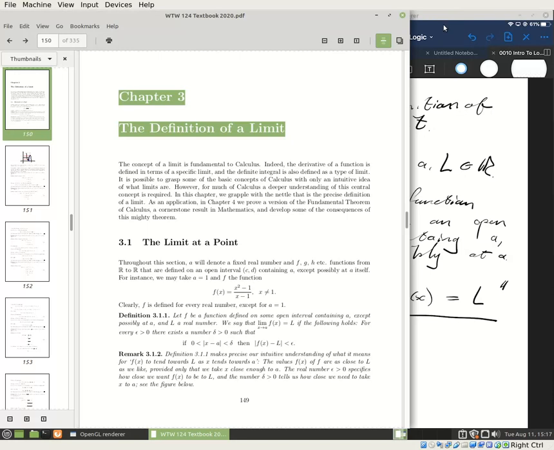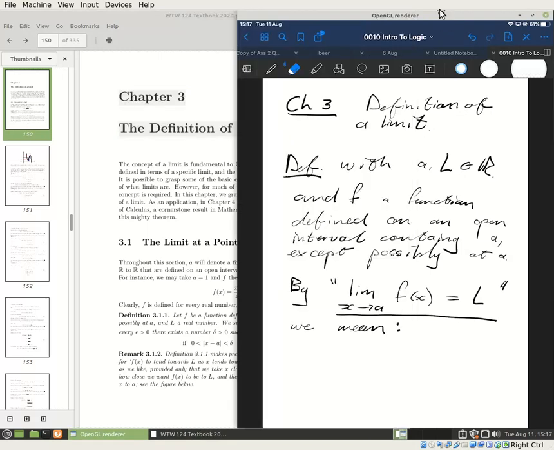Okay, so let's take a look at the formal definition of a limit. Definition: with real numbers a and L, and f, a function defined on an open interval containing a, except possibly at a. So this function f is defined on an open interval containing a, but need not be defined at a.